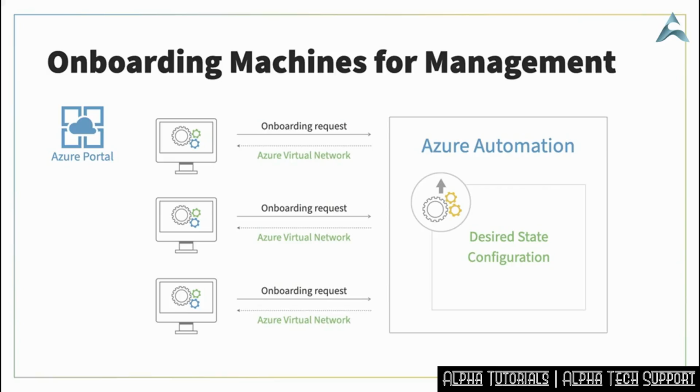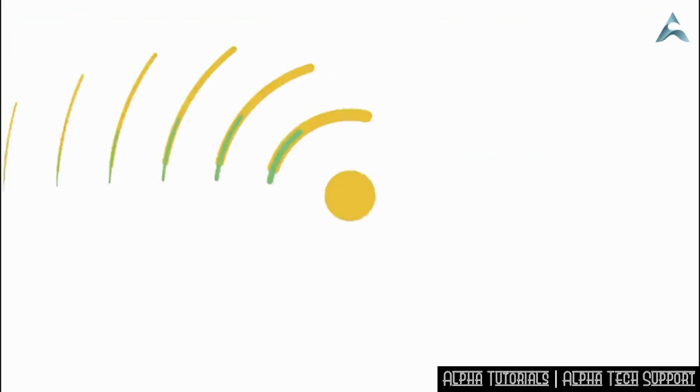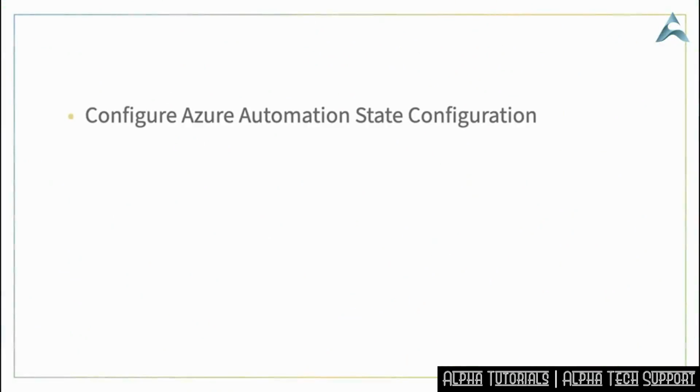Another important point is that Azure Automation State Configuration supports partial configuration, meaning that although desired state configuration can manage multiple configurations independently, if there are two different configurations needed for a particular workload, you will need two different automation accounts.